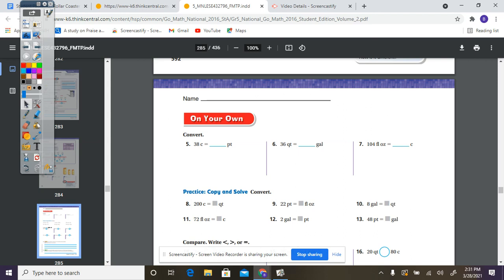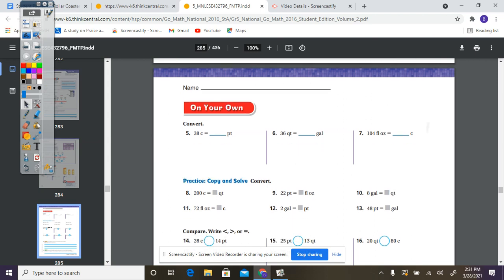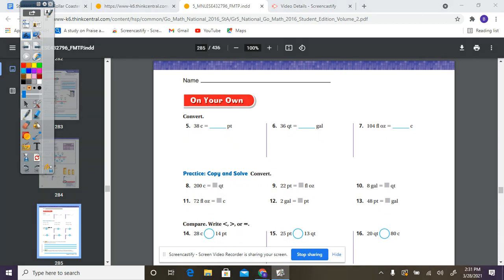So when we are looking at number 5, we're going from cups to pints. C stands for cups, PT stands for pints. So which one's bigger, cups or pints? Pints is bigger, cups are smaller. So I'm going from small units to bigger units.